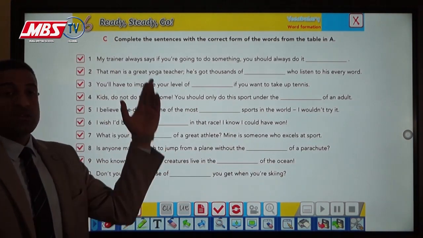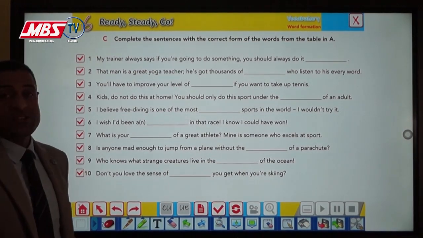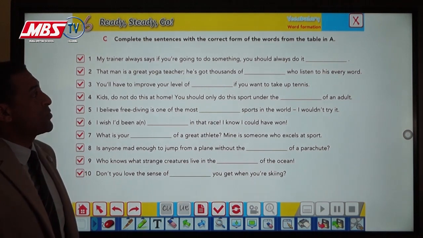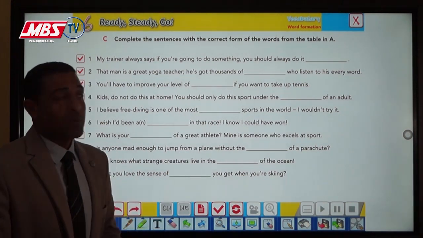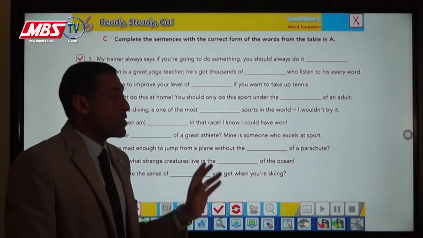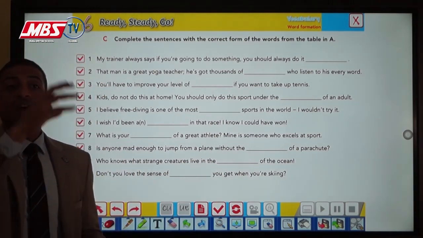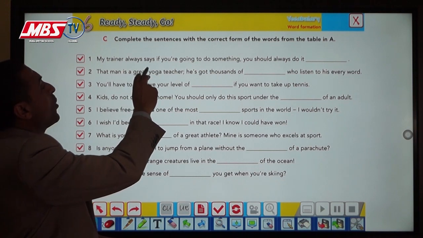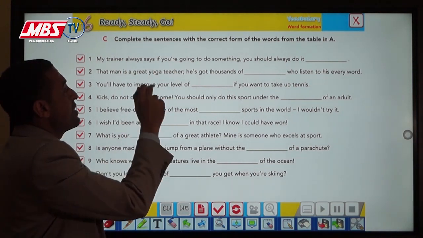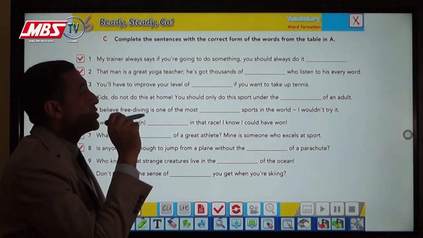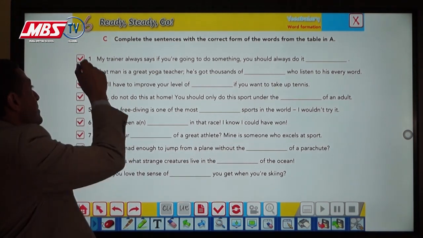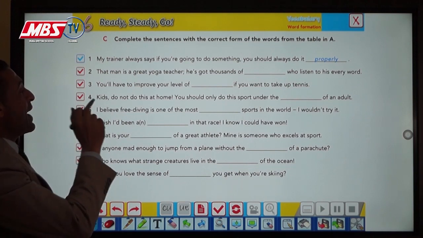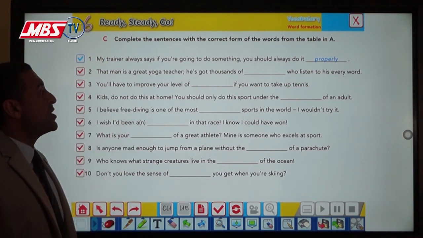And now for the next exercise. Exercise C. Complete the sentences with the correct form of the words from the table in A. So here we will check the missing word and the correct form of this missing word. My trainer always says, if you are going to do something, you should always do it properly. That man is a great yoga teacher.